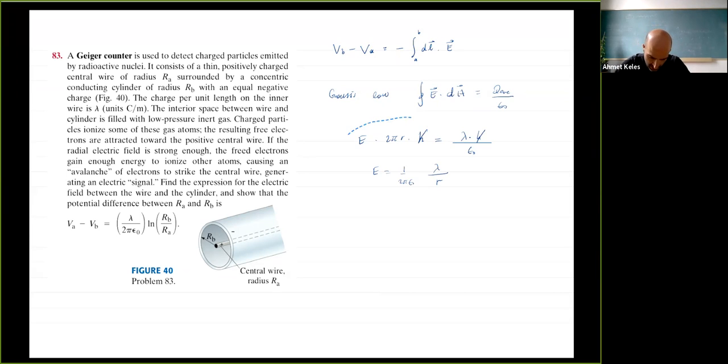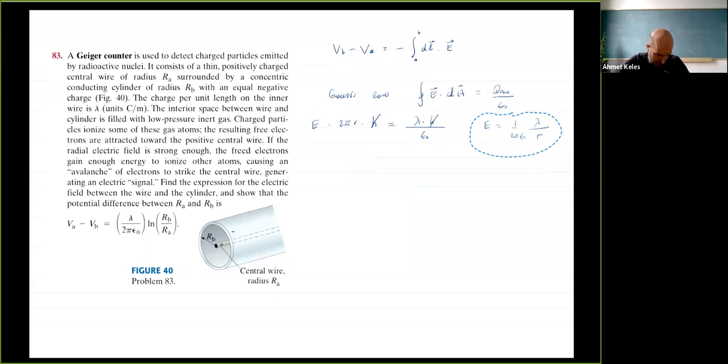Let's push this a little bit. Now let's use the first formula. VA, VB.